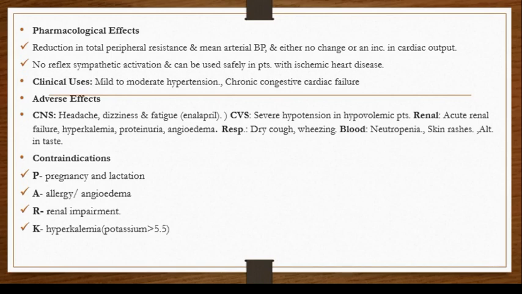You may not want to give ACE inhibitor to the patient, since the patient already has a high potassium level. If you give an ACE inhibitor, it's going to promote the reabsorption of potassium in the renal tubules, and this will lead to negative consequences on the heart.